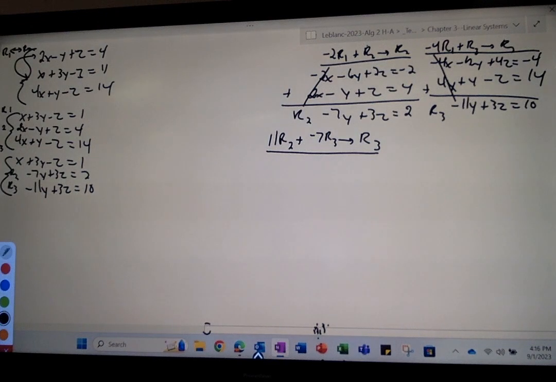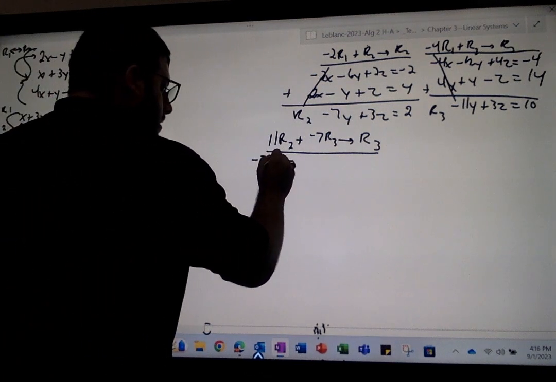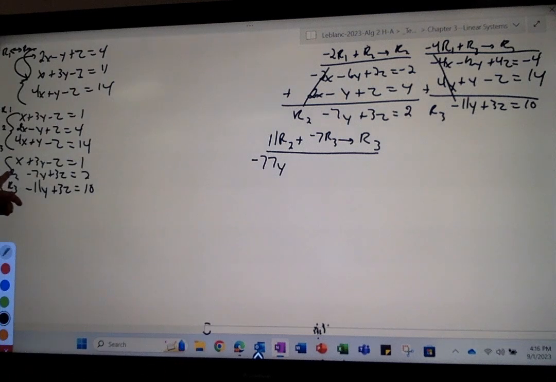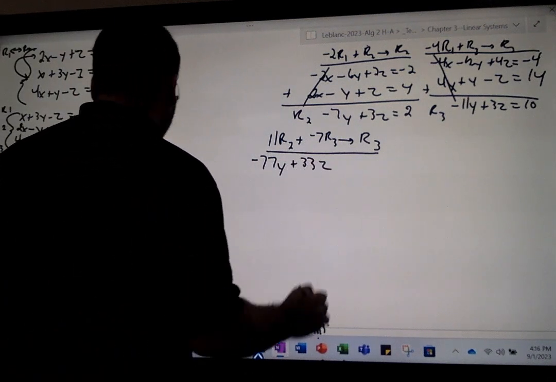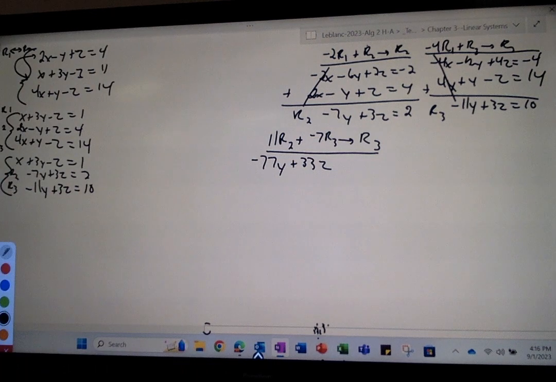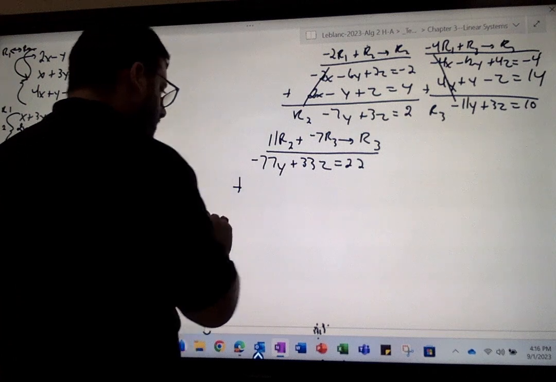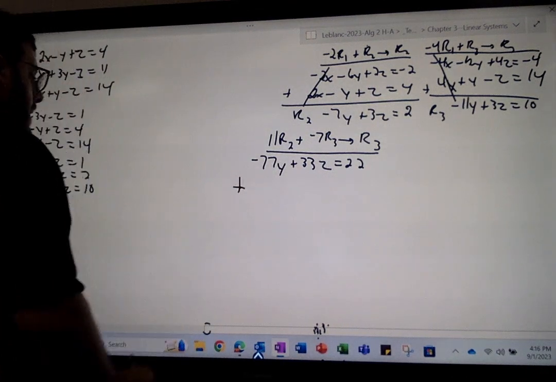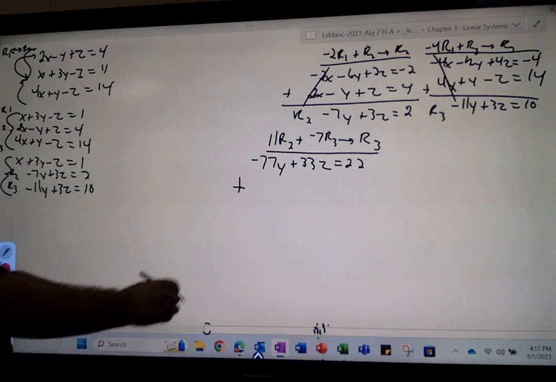So let's go ahead and do that. See, this is negative 77y, plus 33z, and then that's equal to 22. Plus, now I'm going to multiply everything by negative 7 here in the third row. So that's positive 77y.